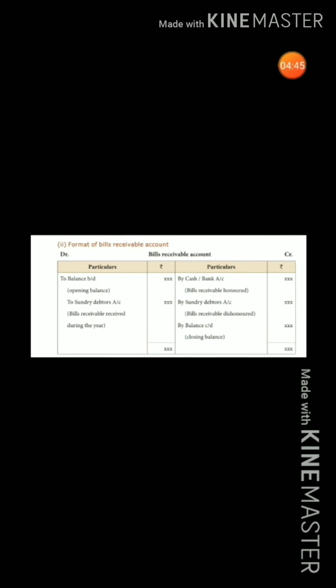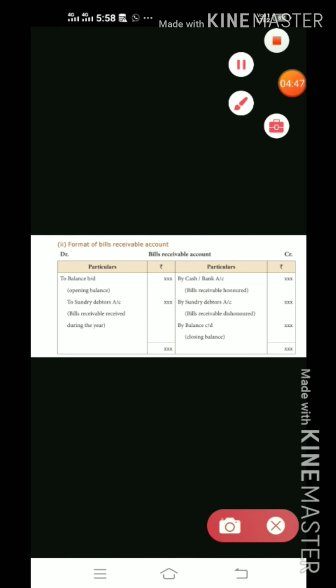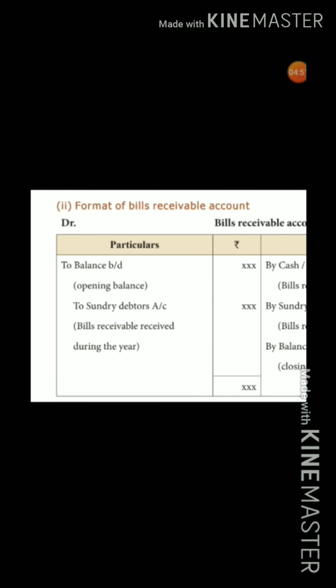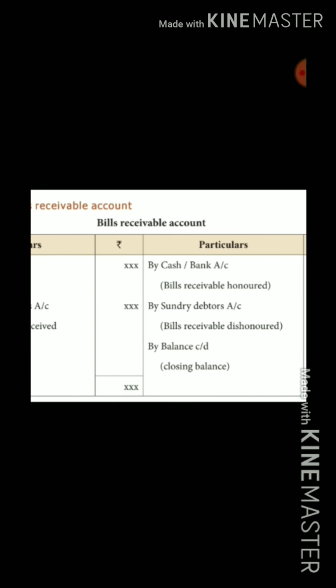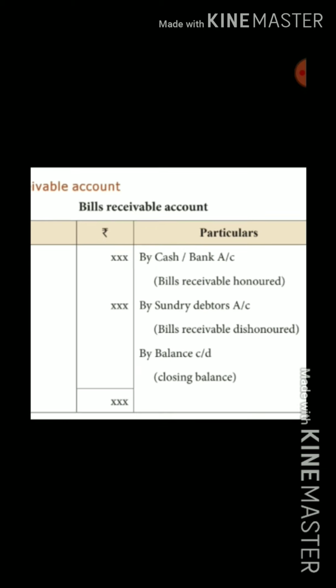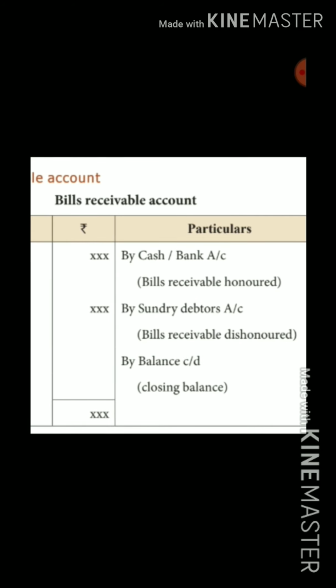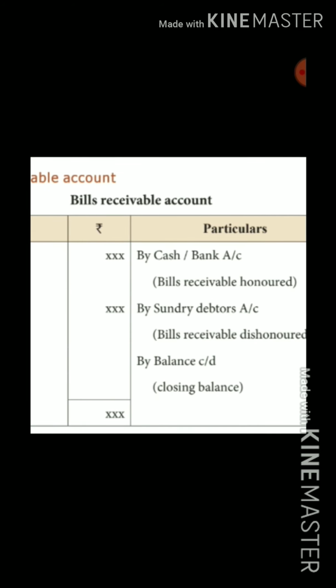Debit side, to balance brought down, that is the opening balance, to sundry debtors. Then credit side, by cash, otherwise called bank account, that is bills receivable honoured. By sundry debtors account, bills receivable dishonoured. By balance carried down. This is the highest value and the debit side is the lowest value. The net result will be shown on the debit side of the bills receivable account.